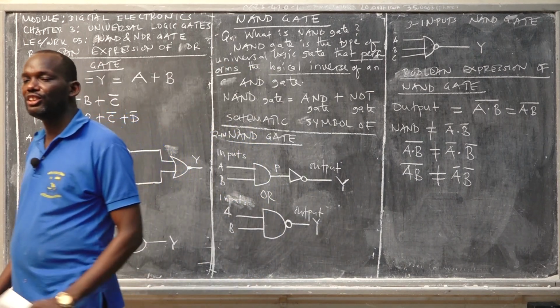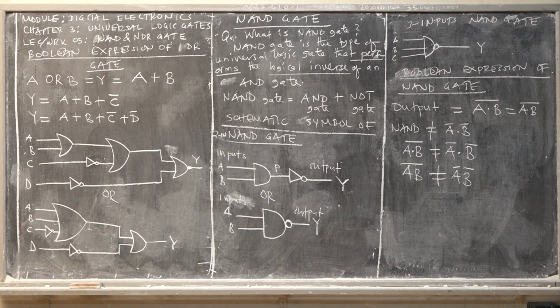Those are different Boolean logical expressions. Is it clear? Class, is it clear? Yes, so you have to be careful. You should not cram, just understand and have the concept.